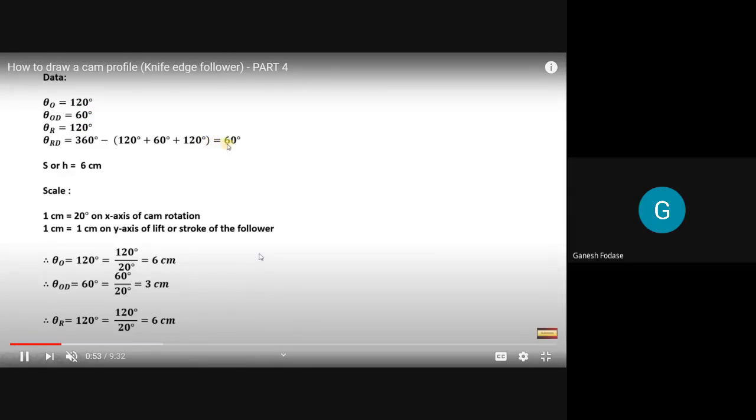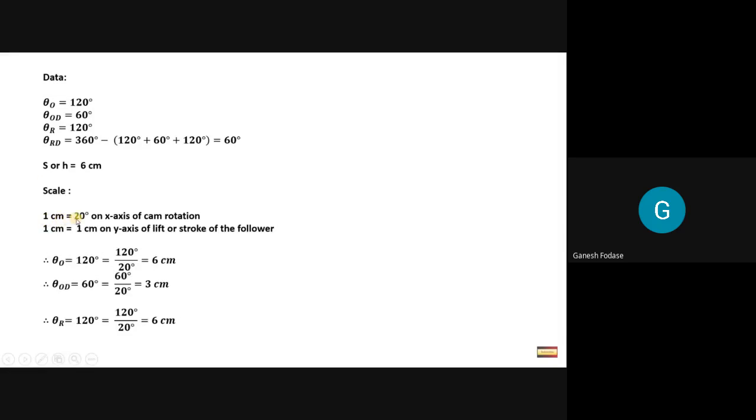With the help of this scale, you have to draw your displacement diagram. It is known to you what to draw on the y-axis. What does the y-axis represent in the displacement diagram? Follower displacement. And the x-axis? Cam rotation.